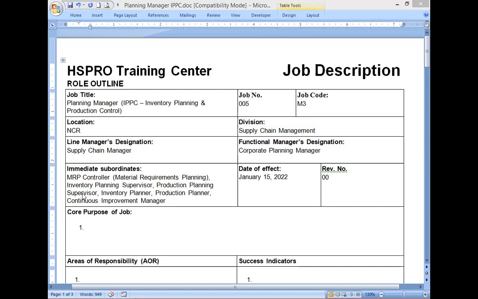So if you are talking about a large organization, inventory planning and production planning are separated. So the inventory planning supervisor is mostly dedicated to inventory planning, just like the MRP, material requirements planning. Okay, and the production planning is the one doing the day-to-day planning for the production.